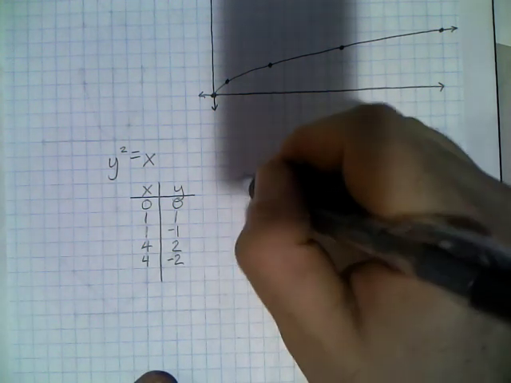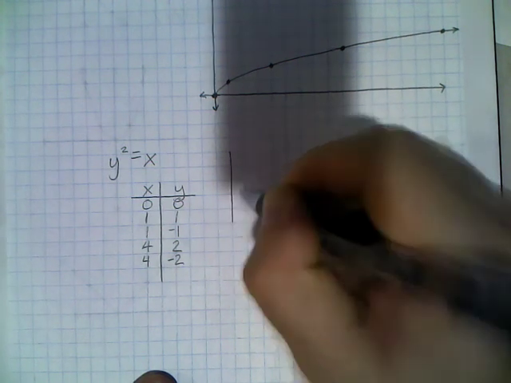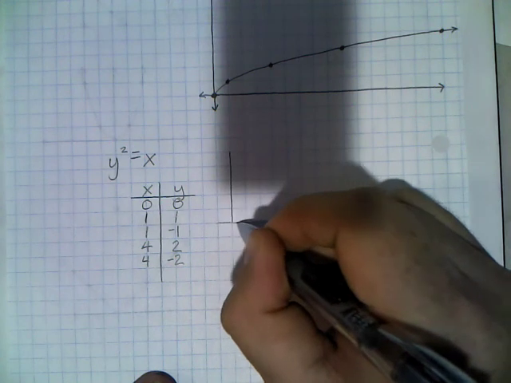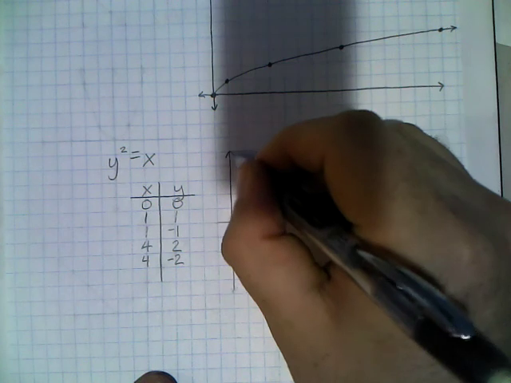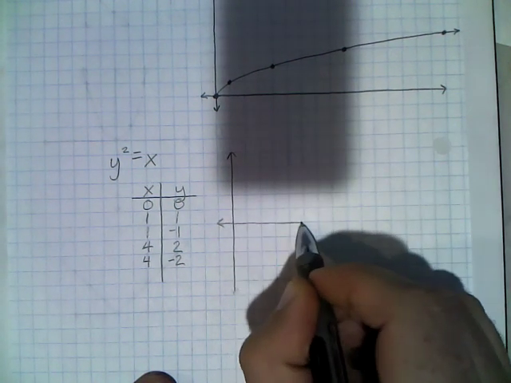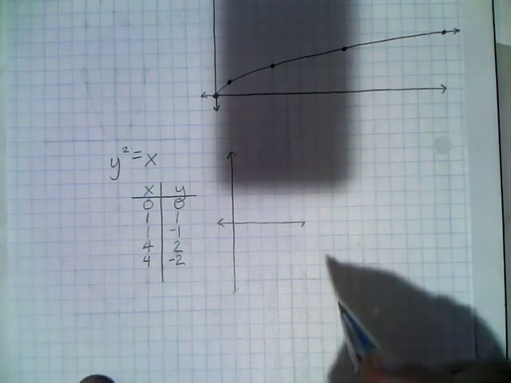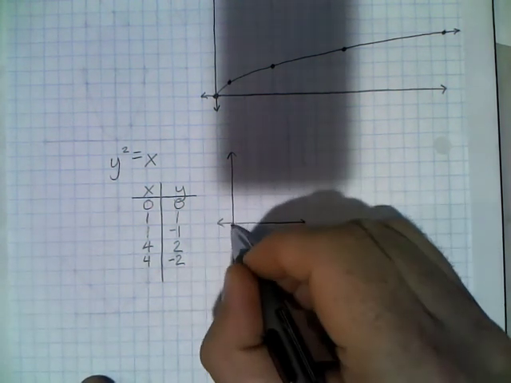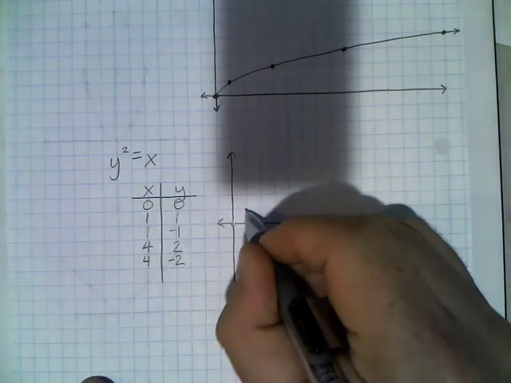So when I make my coordinate plane here, I'm going to come down 1, 2, 3, 4, 5. I'm going to make a little mark here. 1, 2, 3, 4, 5. And then 1, 2, 3, 4, 5. I don't need quite all of it, so I'm going to focus in on what I need here. So to plot my points, I've got 0, 0. I've got 1, 1.